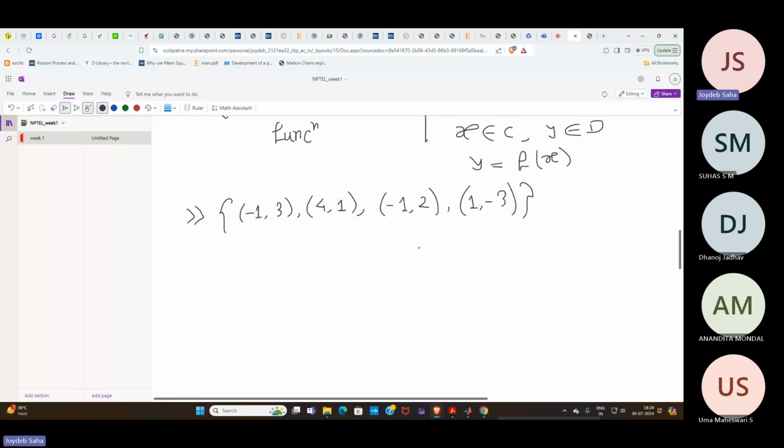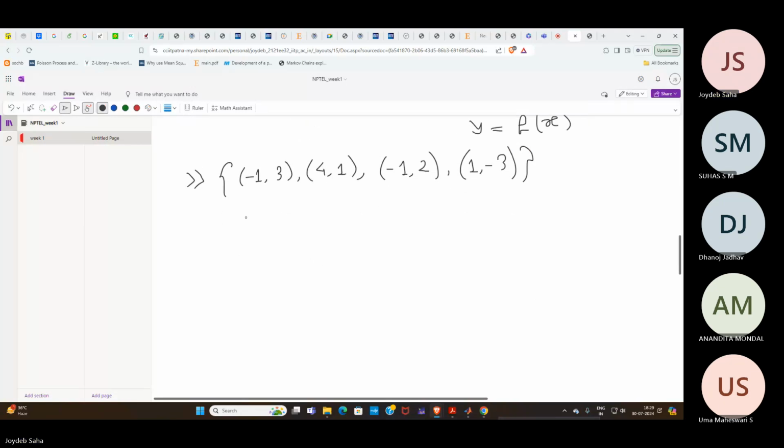Whether this is a function, the answer is no. Why? Let's map it again.